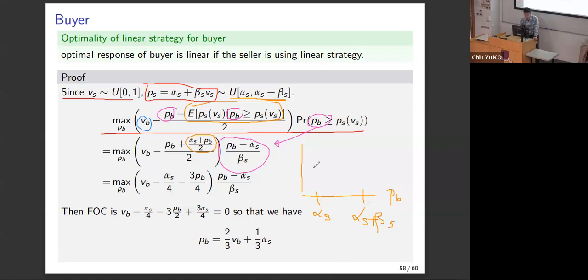So it's uniform here, the height is 1 over beta S. So the question is the expected value of this, given this would happen.